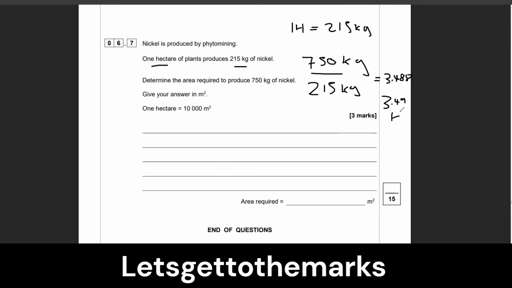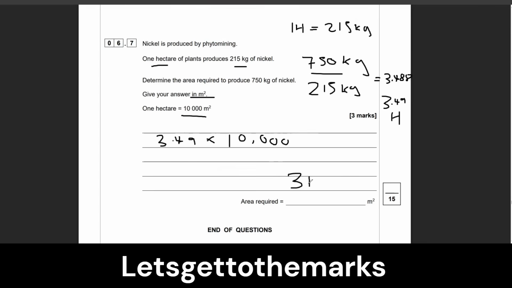Now we want to know, how big is the area in meters? Well, there's 10,000 meters squared in a hectare and we have 3.49. So we're going to go 3.49 times 10,000. You could keep it as 3.488. It's up to you. And that is going to be times 10,000 equals 34,900.